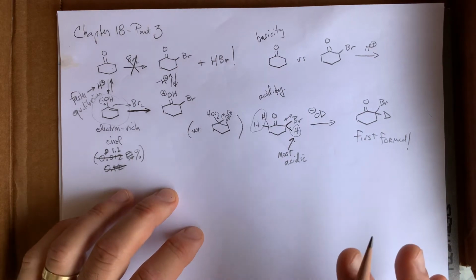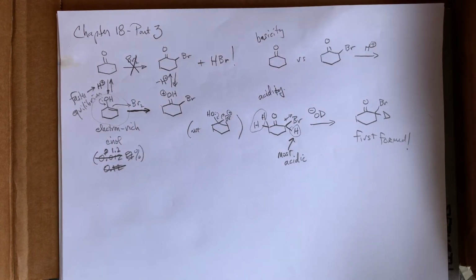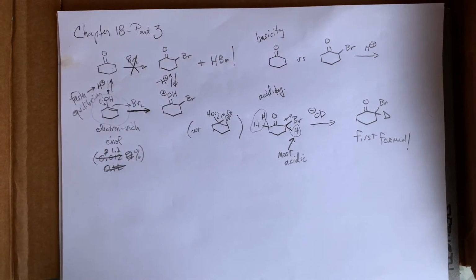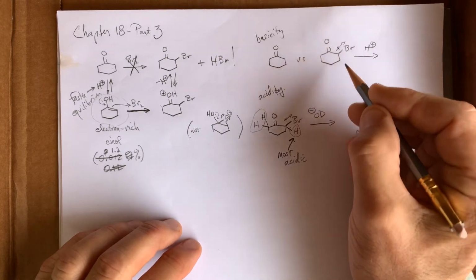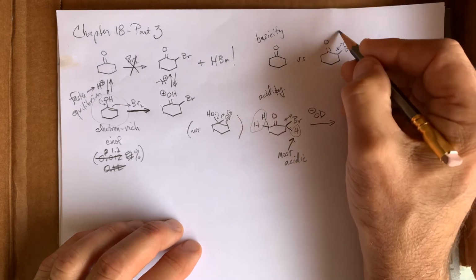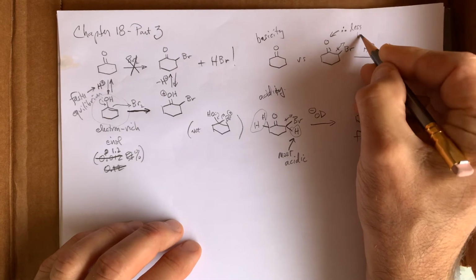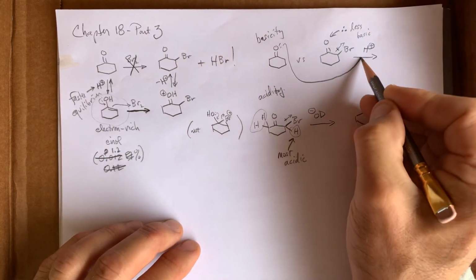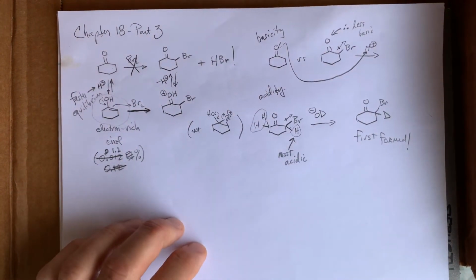Has consequences, and of course I wouldn't tell you about it if it wasn't important, right? Now, how about basicity? Which one of these is more basic? Well, this one again has the bromide as an electron withdrawing group. That's an inductive effect, therefore less basic. So if you're going to protonate one of these 2 ketones, it's better to protonate the cyclohexanone.